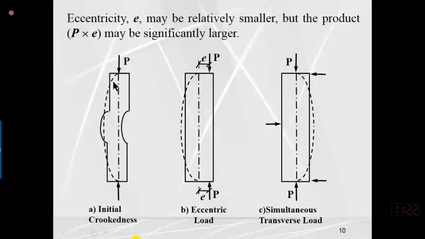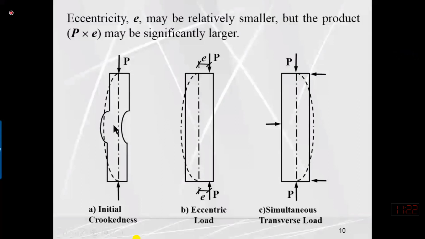If I am cutting the section over here, at this point we are having this eccentricity. So this mid portion is subjected to bending moment also along with the axial force, and that bending moment will be equal to P multiplied by the perpendicular distance.